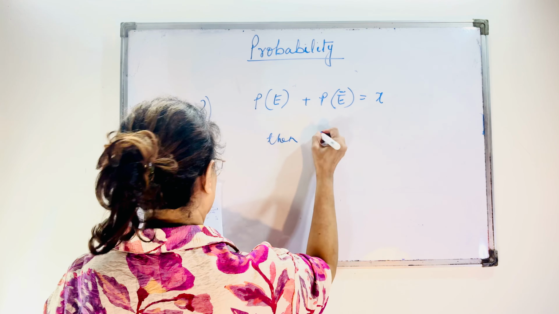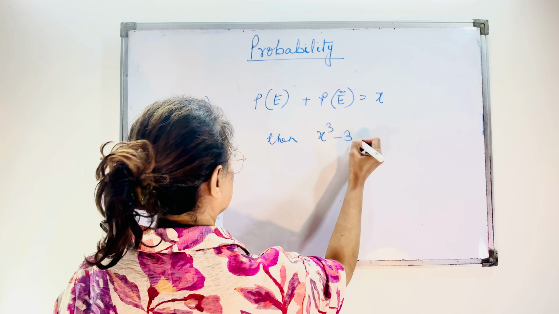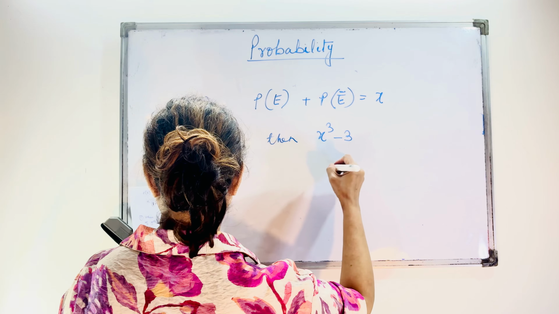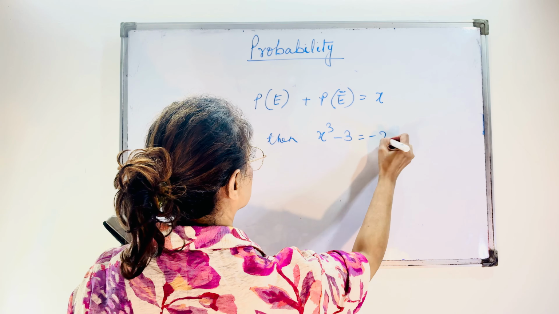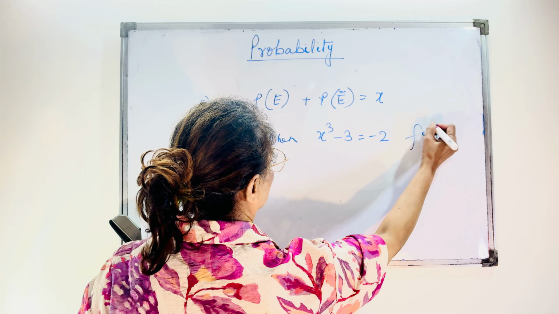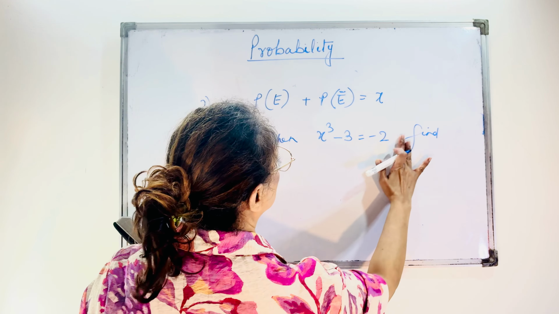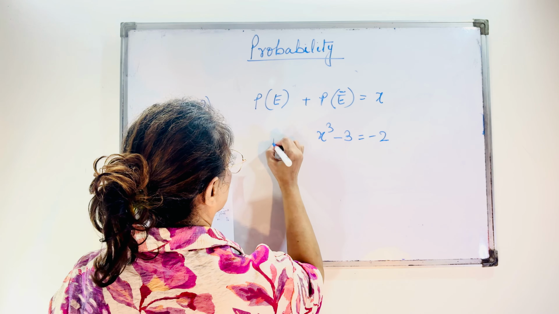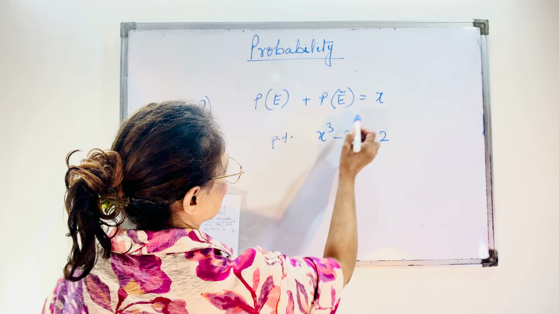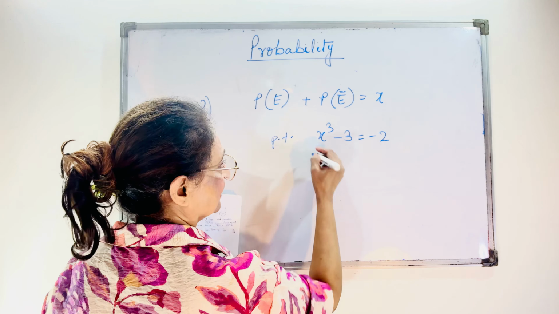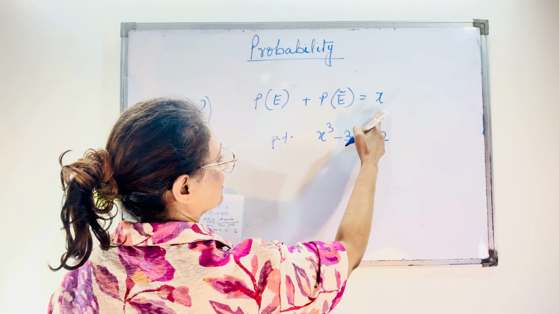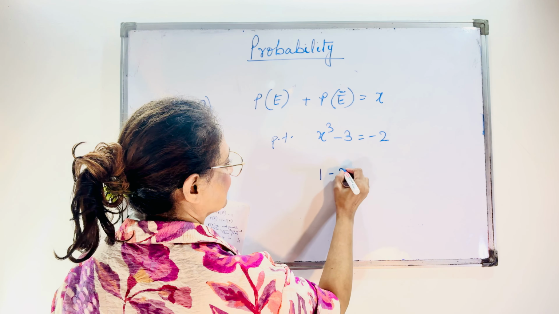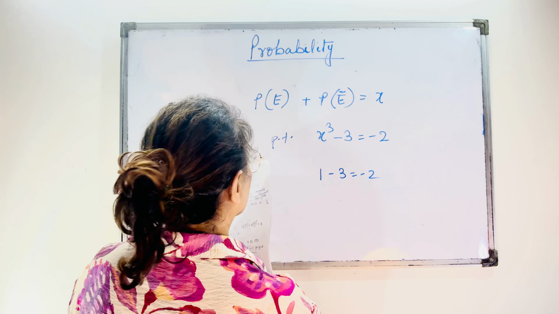Then show that x cube minus 3 is equal to minus 2. Okay, prove that. If this, then show that. So x is how much? 1, right? P(E) plus P(E bar) is 1. So 1 minus 3 is minus 2.